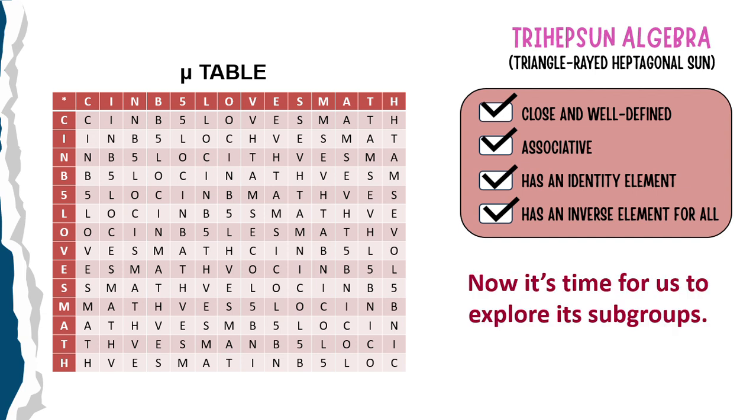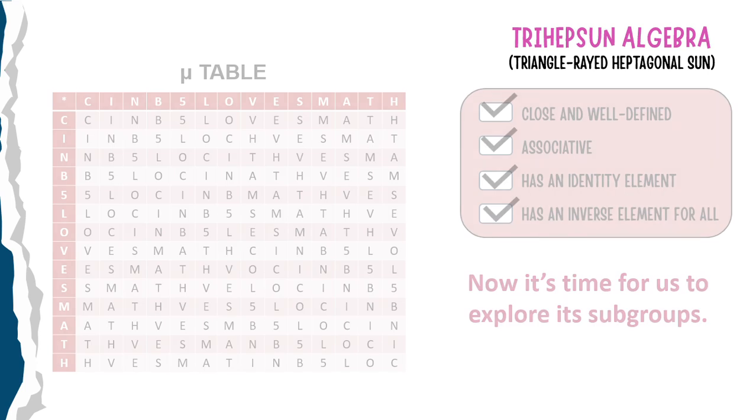Now that we know the conditions to be considered in order to determine a group table as a group, it is time for us to explore its subgroups. We have here the mu table, which is a group, and now let's find its subgroups.